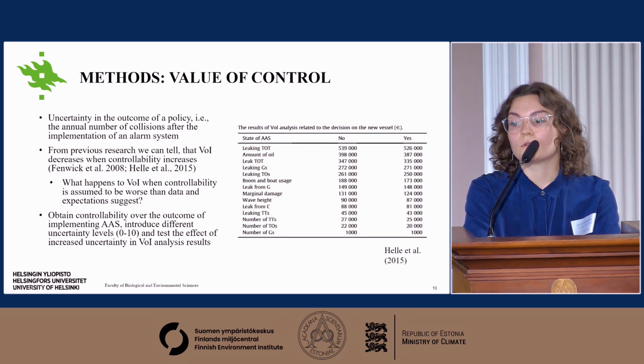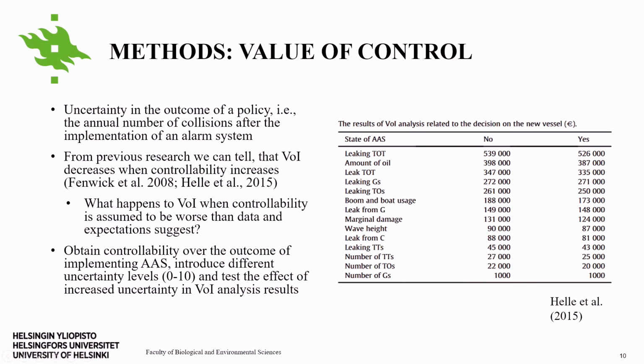And then value of control in this is modeled with uncertainty. Let's say that we have uncertainty in the outcome of the policy. So in this model, it is the annual number of collisions after we implement the alarm system that we are looking at.